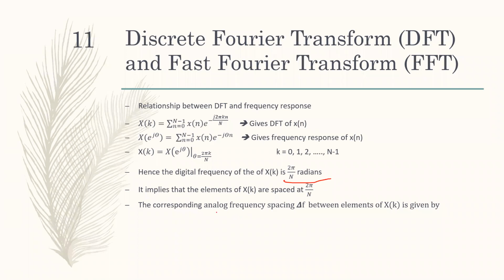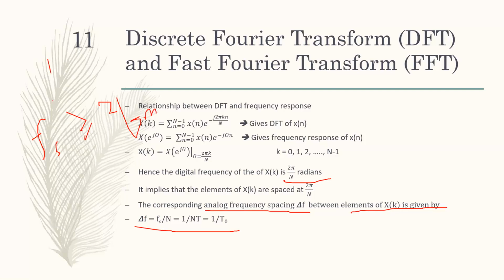Now if I want the analog frequency spacing, delta f, for the elements of x of k, how can I obtain it? It can be obtained with respect to this equation. You have chosen the sampling frequency based on this condition. Once you pass the continuous signal x of t through the sampling process, you get a sequence x of n.